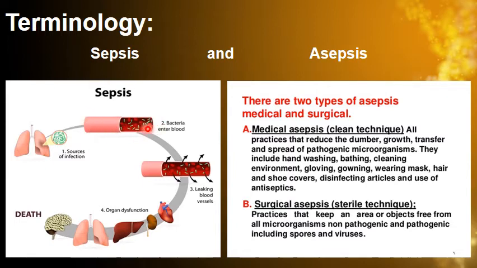After that, when the bacteria go to their target organ, like the heart, the kidney, the liver, the lung, the brain, it will cause destruction of the target organ, and this is called sepsis. It is the breakdown of living tissue by the action of microorganisms, which, if not dealt with correctly, will lead to death.